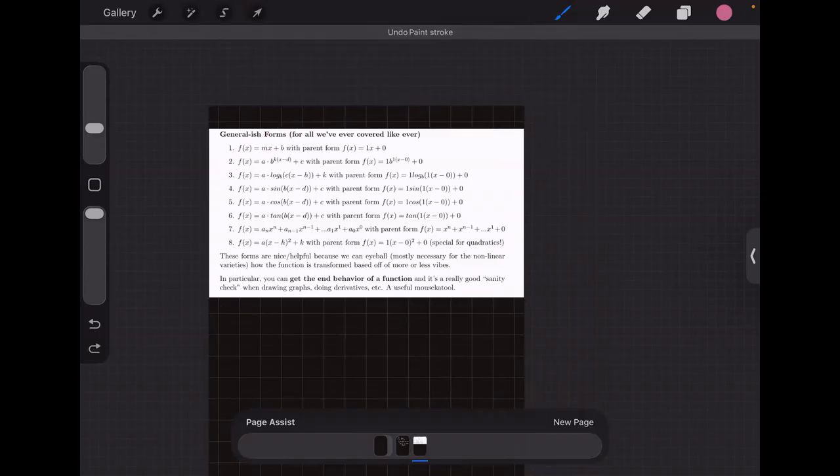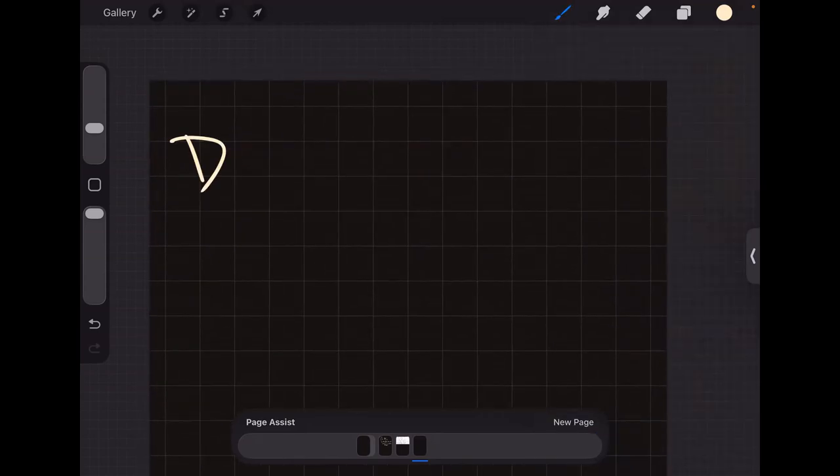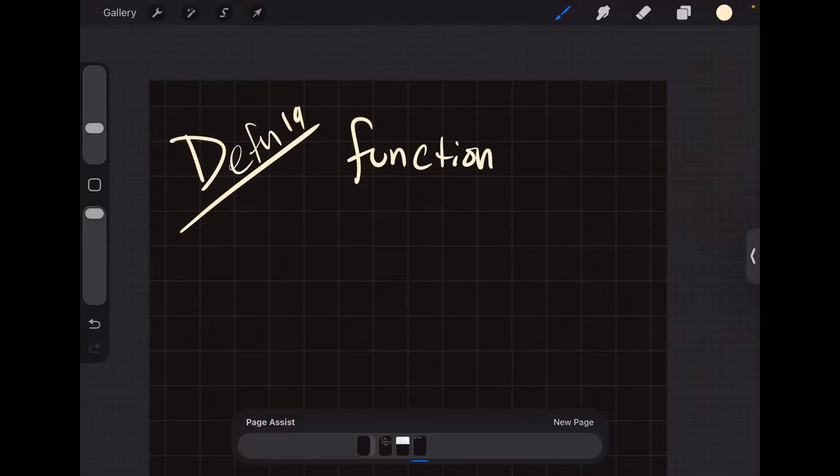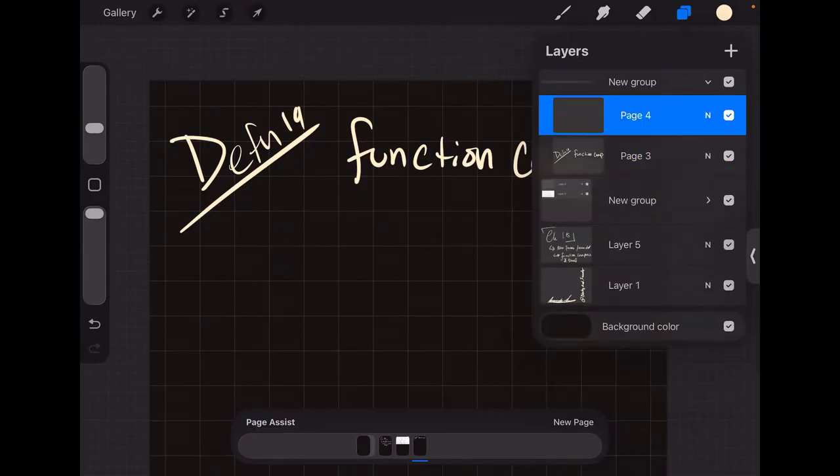The important part of this lecture, other than that baloney, is function compositions. So this is going to be our definition 19. Function compositions. I'll show you what that looks like.